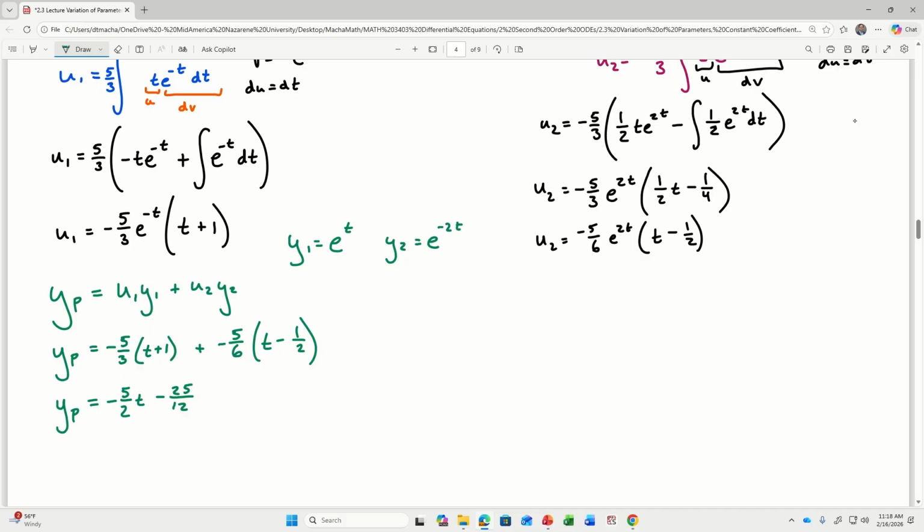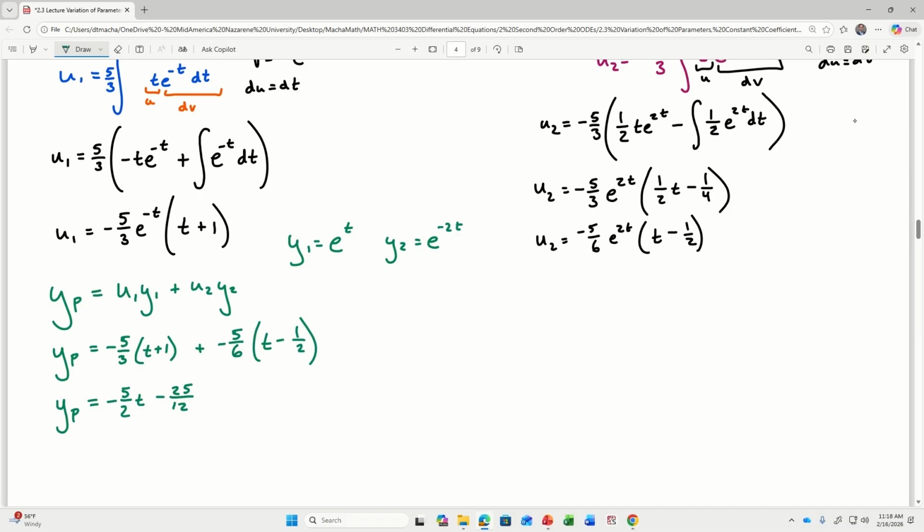To be honest with you, this constant doesn't matter, and I'll explain. Well, actually, that does matter. Hold on. Does that constant matter? I think it does. Maybe I should pay more attention. First of all, I messed up. Two negatives make a positive, right? That's actually plus 5 over 12.